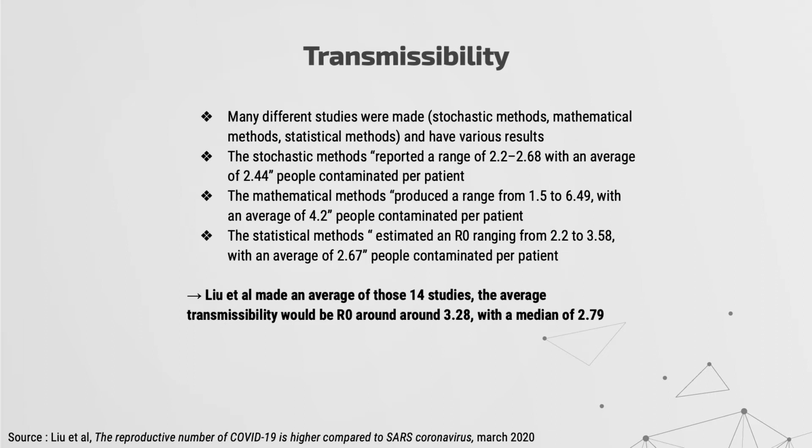And according to them, the number of patients that could be infected by one infected patient is around 3.28, with a median of 2.27, which is higher than the figures given by the WHO around a month ago. So according to this study, the virus would spread more than what was expected a few weeks ago.